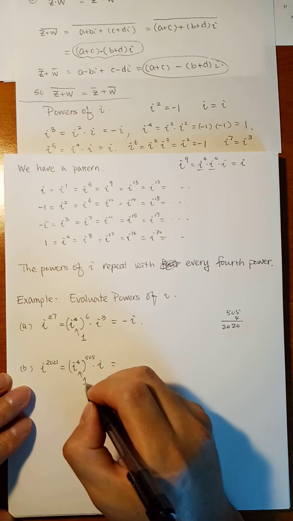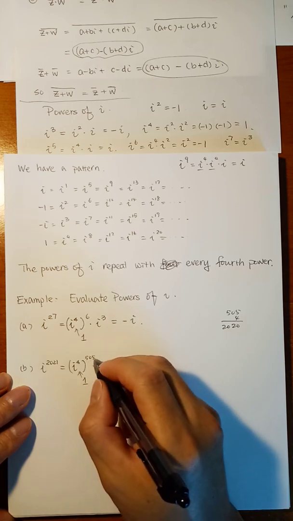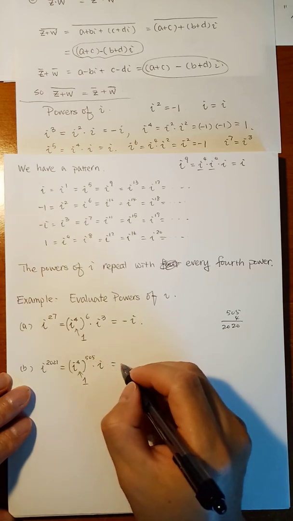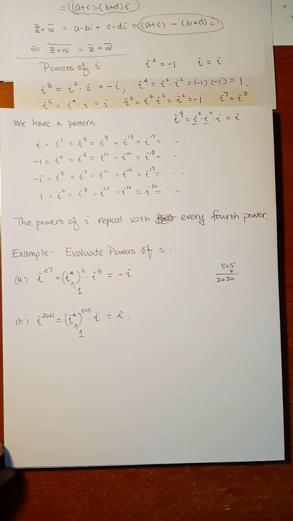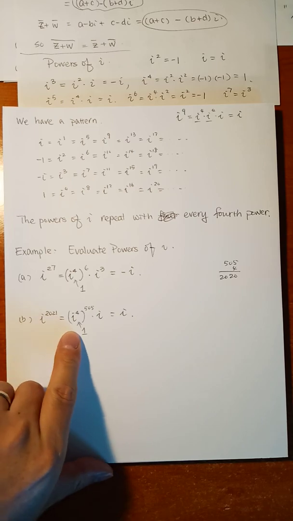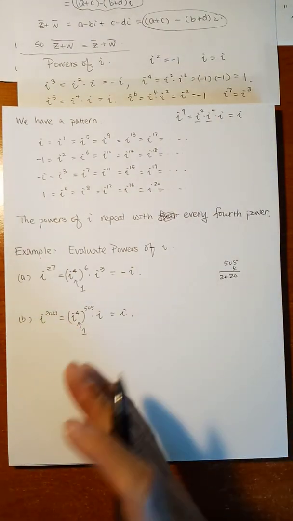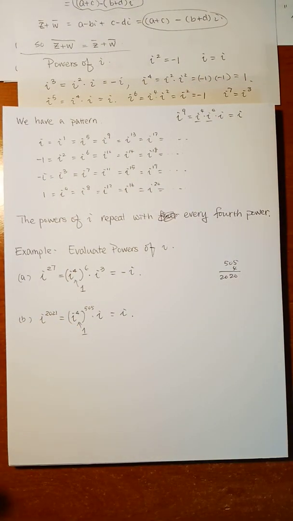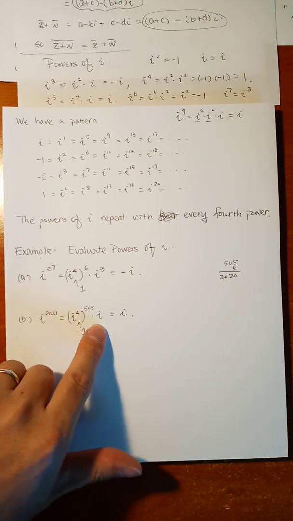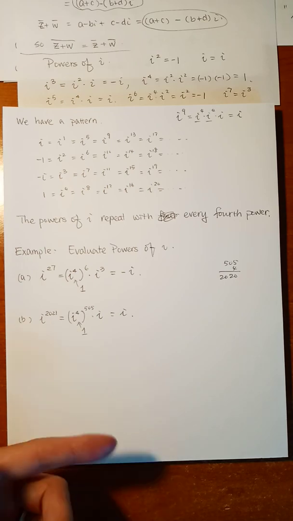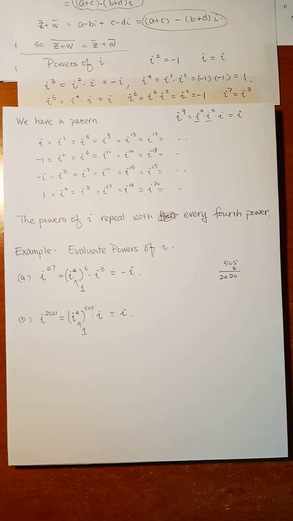So 1 to the 505th power is still 1, times i. So this is i. You just isolate copies of 4 copies of i, and that is 1. You get another 4 copies of i, it is 1. So eventually you drop almost all the numbers except either i or i squared or i cubed or 1.